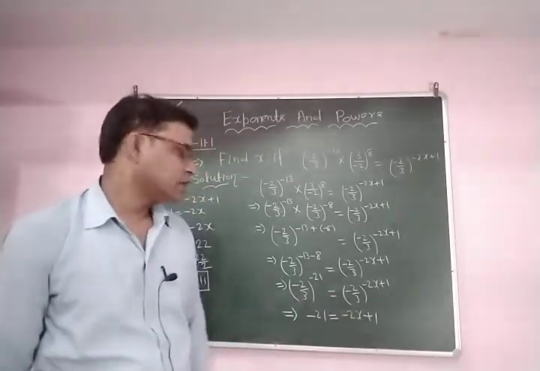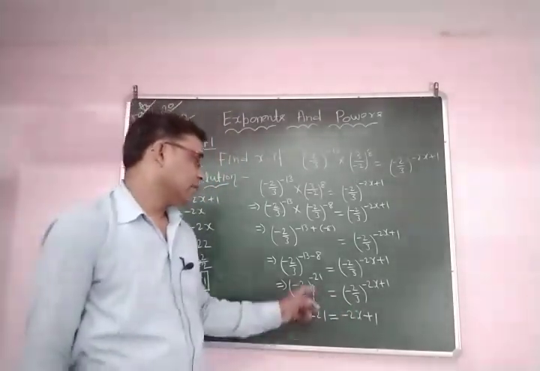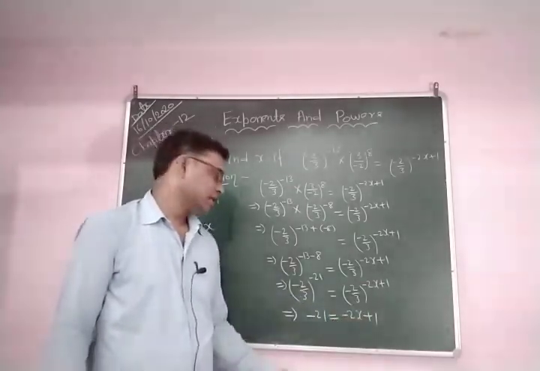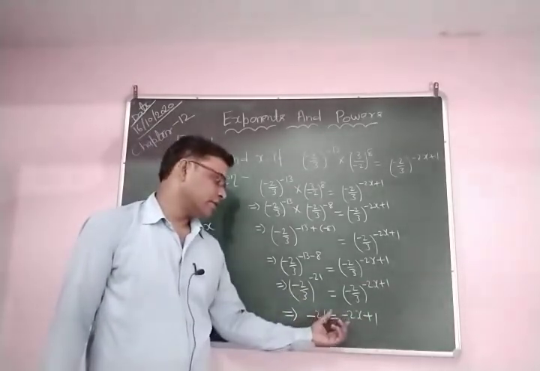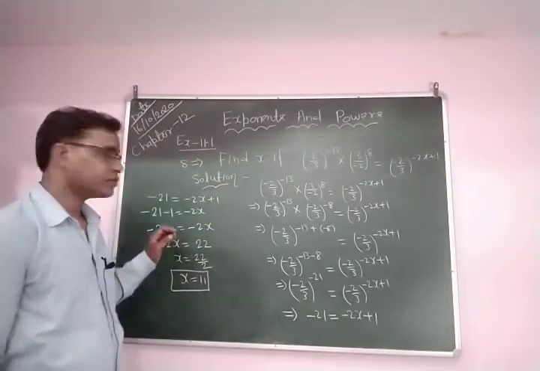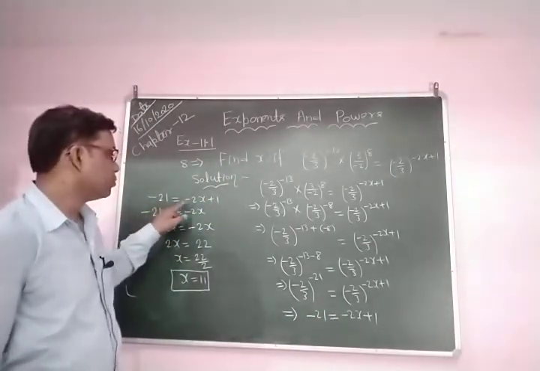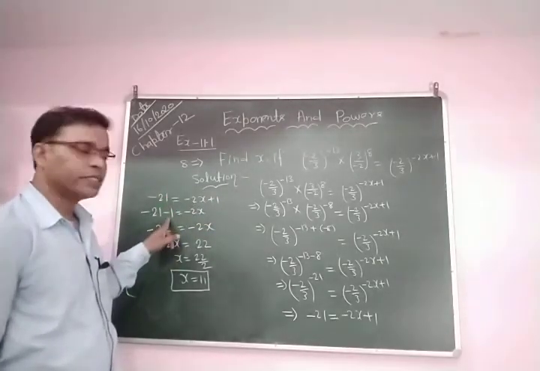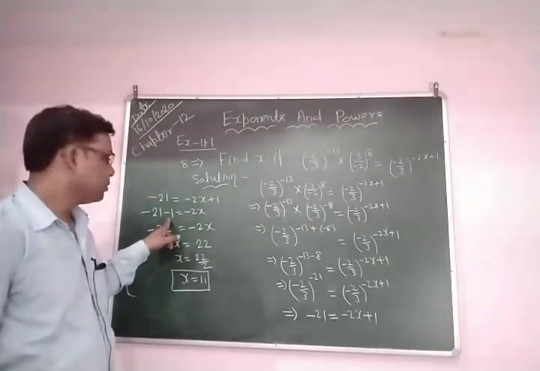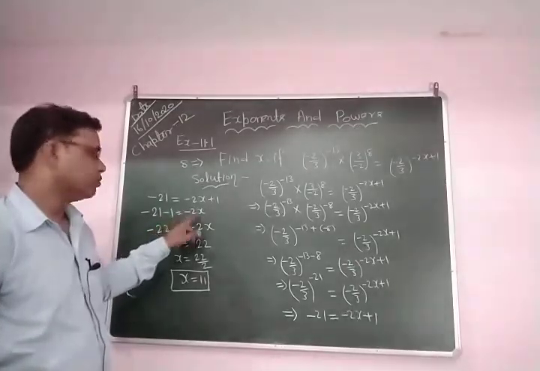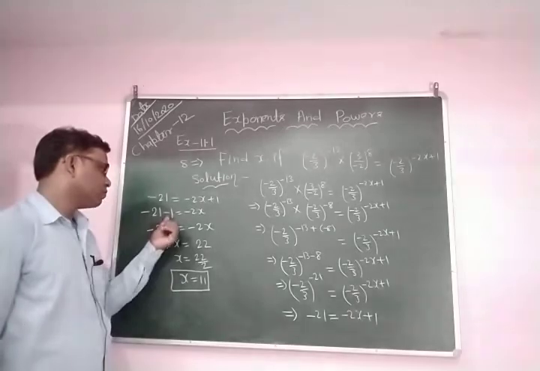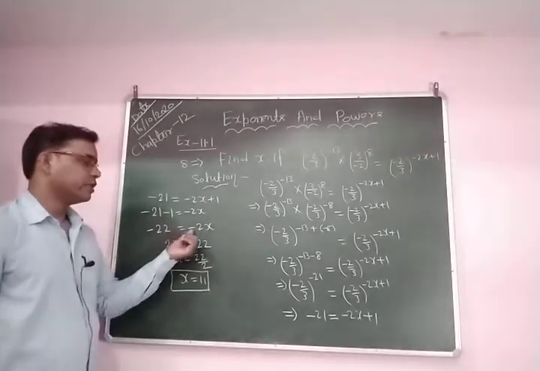So according to this law of exponents, we can write -21 is equal to -2x + 1. When you transfer this 1 to the left hand side, it becomes minus. So we have here -21 - 1 is equal to -2x.